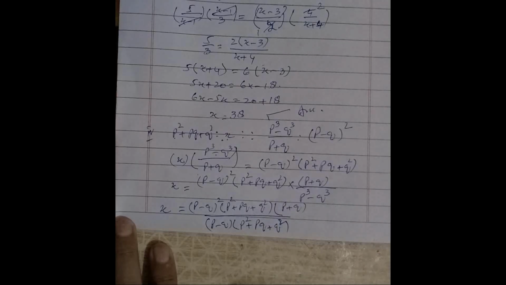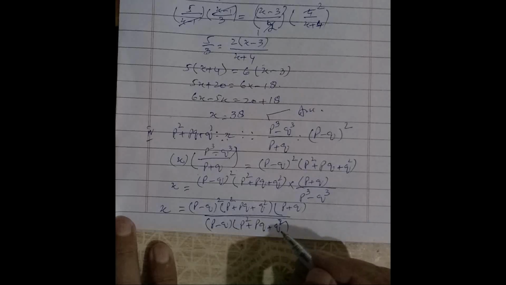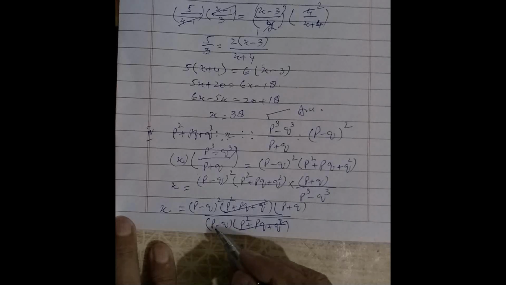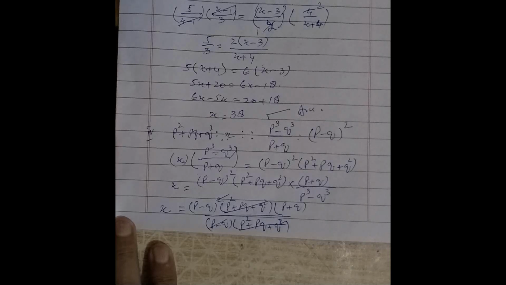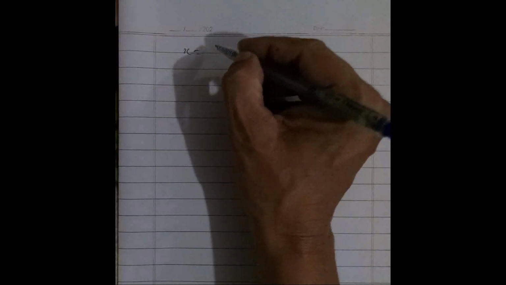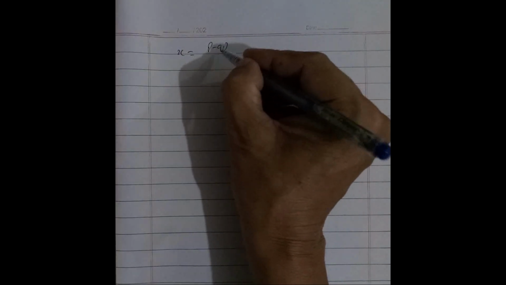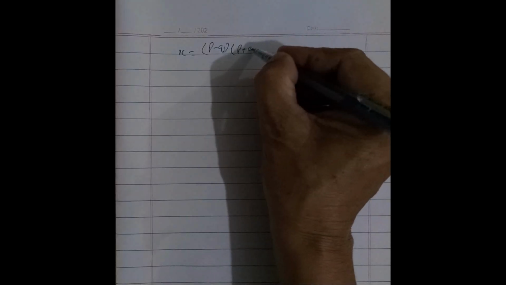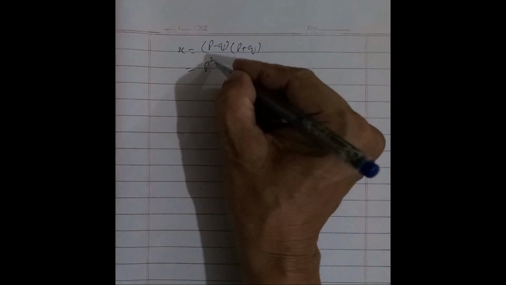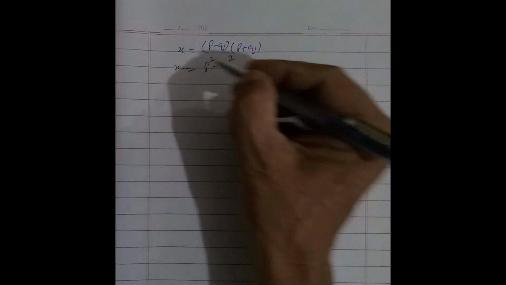Now simplify. p square plus pq plus q square cancels with p square plus pq plus q square. p minus q cancels with one part of p minus q. The remaining is x equal to (p minus q) into (p plus q), and it is (a plus b) into (a minus b), whose answer is a square minus b square, which is p square minus q square, and it is the value of x.